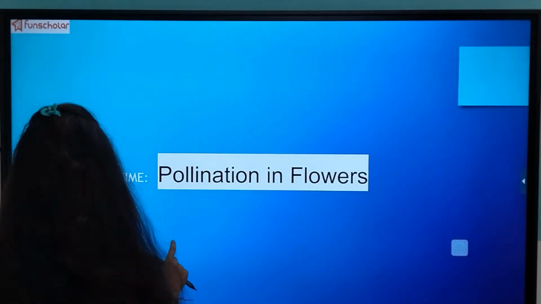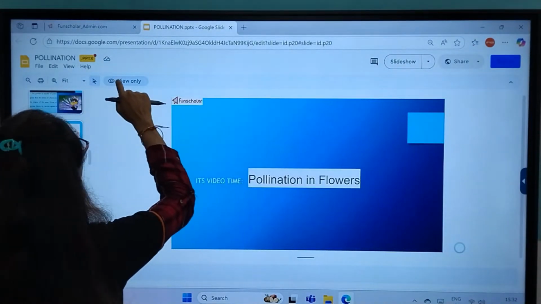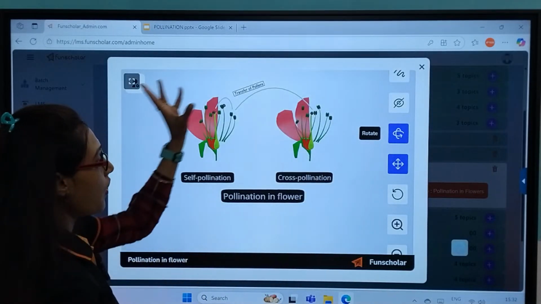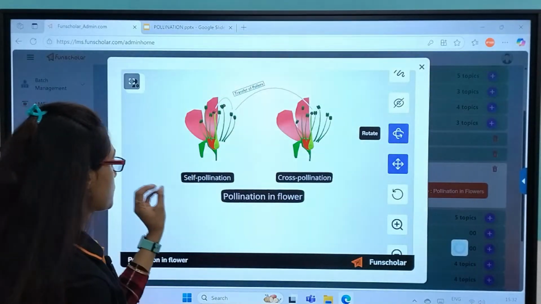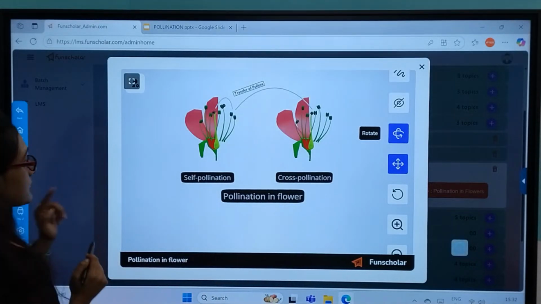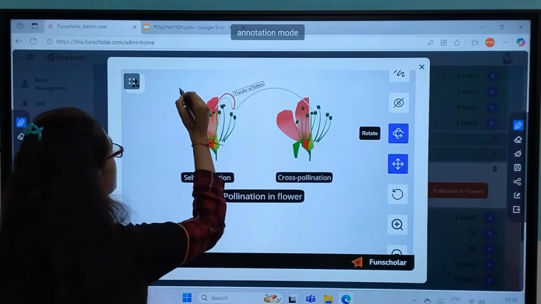Now it's video time. Okay, just see, this is a simulation of a flower showing self-pollination and cross-pollination. Just see, it has been marked like this. So what does that mean?